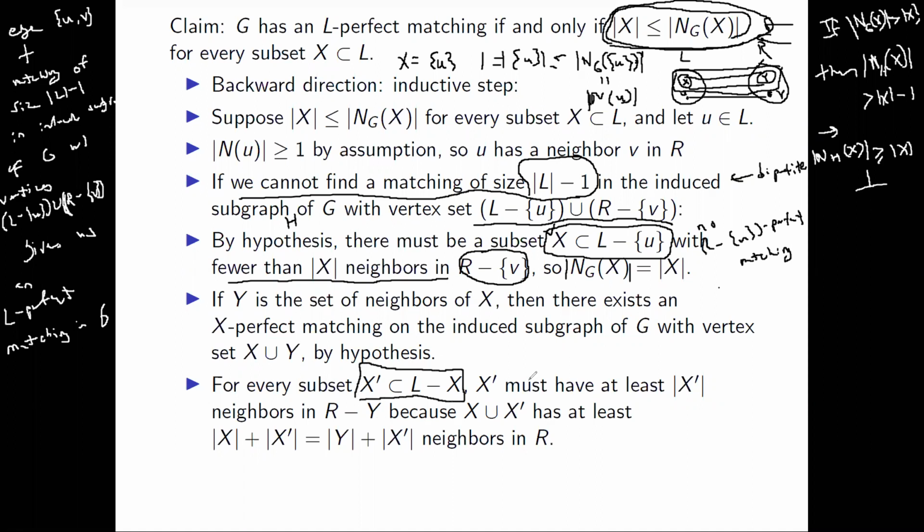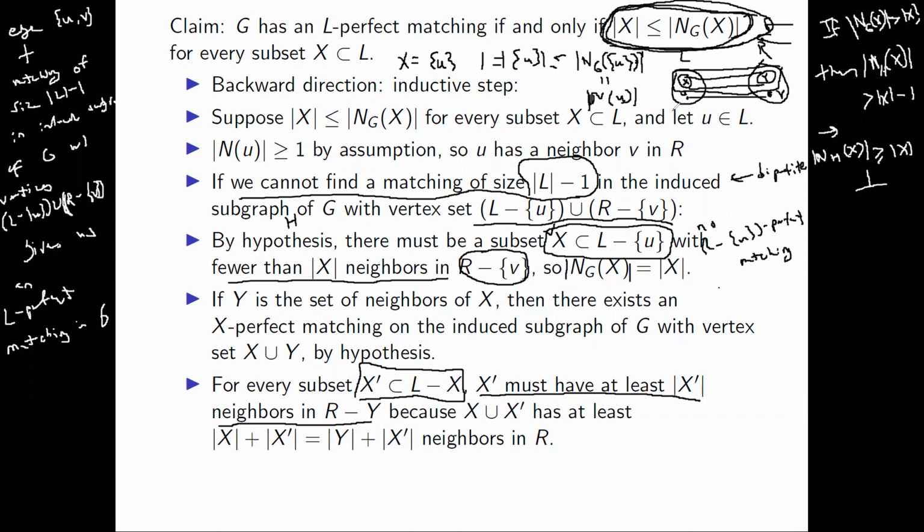And here's the claim. I claim this is not obvious immediately, but it's going to be clear because of the next part. First, X union X prime has at least cardinality of X plus cardinality of X prime neighbors in R. Why is this true? Well, it's true by our assumption up here again.